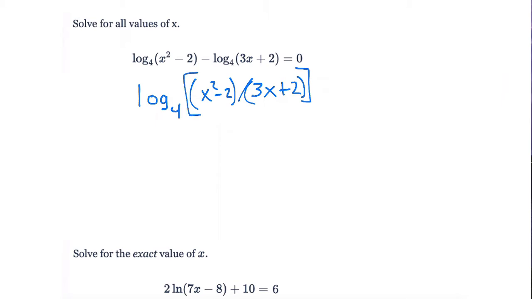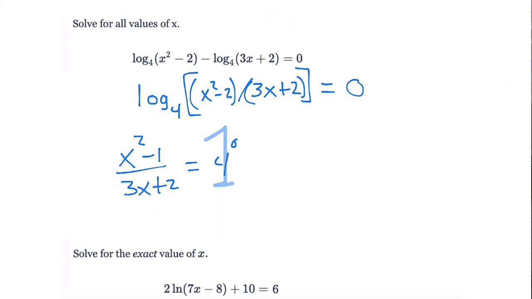Using the condensing of the logs, we would have that division there. That's that second property I wrote down. Once we have this, then we know that x squared minus 1 divided by 3x plus 2 has to equal 4 to the 0 power. Well, 4 to the 0 power is just 1. You should know that 4 to anything to the 0 power is just 1.